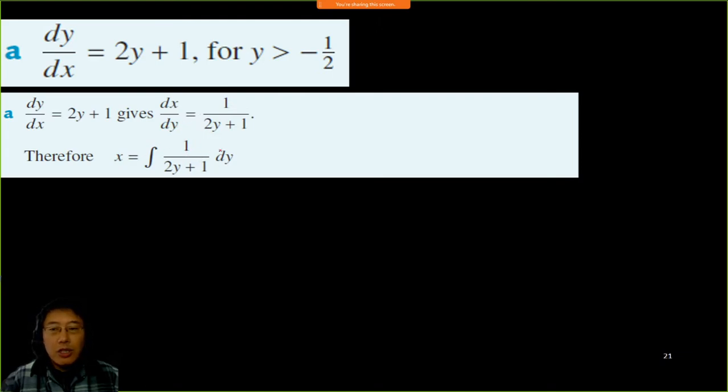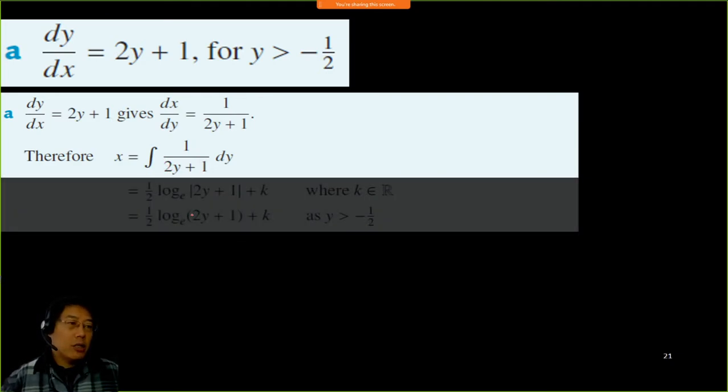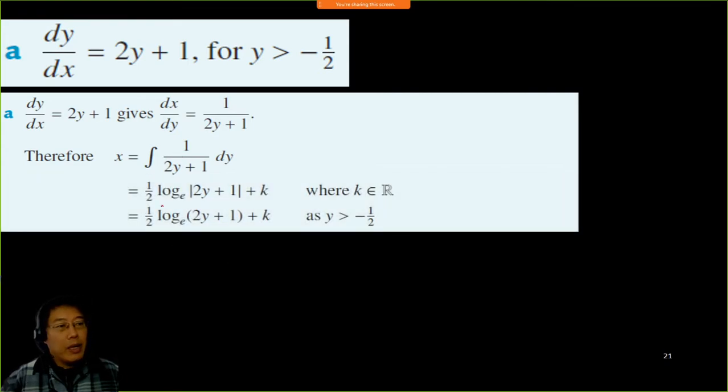Now if you integrate that, it's a log of e. Using the chain rule, it's a log of e of 2y plus 1. There is a coefficient in front which will make a 1 over 2 appear. When you anti-differentiate, always remember to put a modulus. Okay, you have your constant.